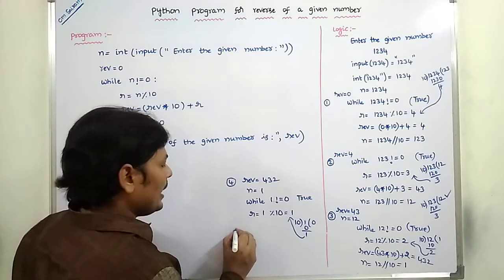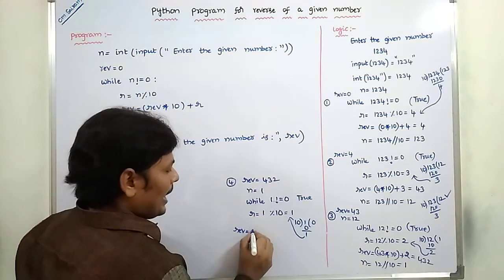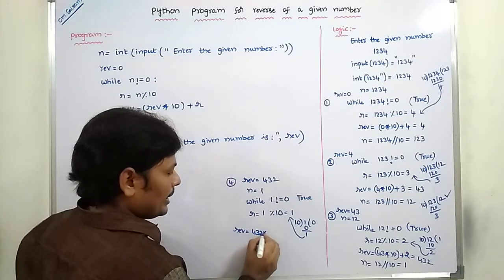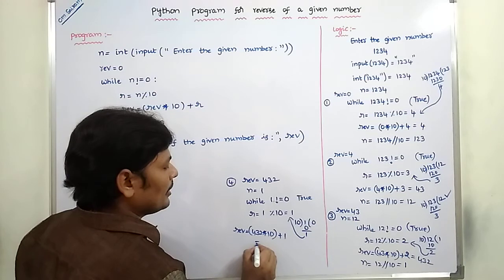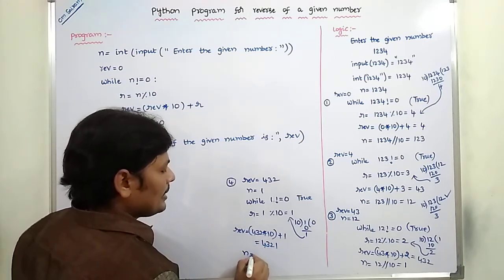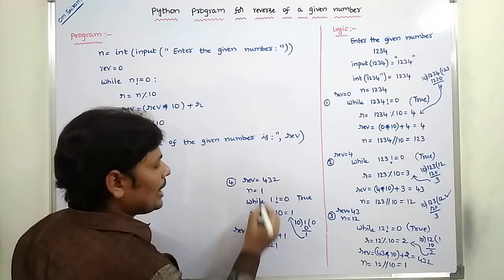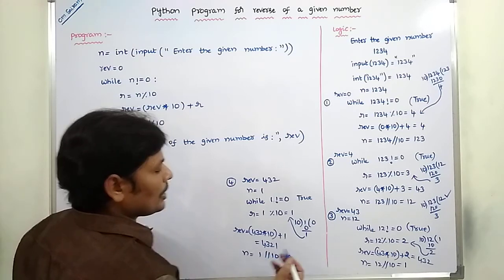Next, REV is equal to REV into 10. REV value is 432, 432 into 10 plus R value 1, that is 4321. Next, N is equal to N by 10. N value is 1, 1 by 10 is equal to 0.